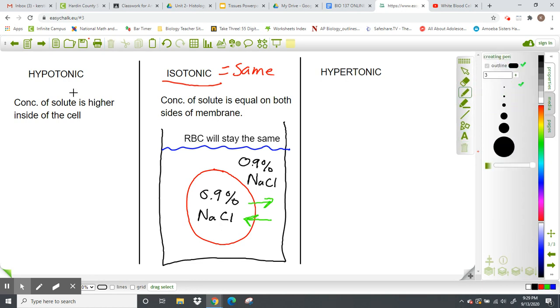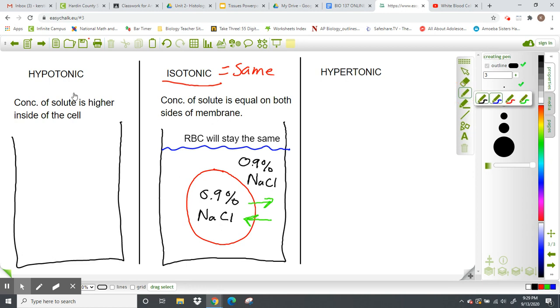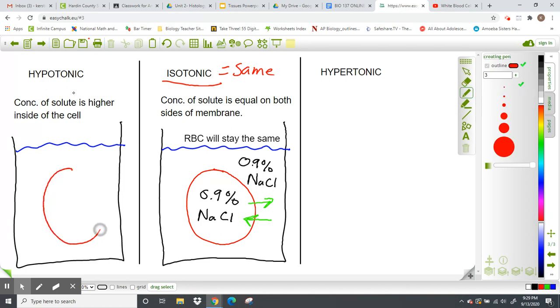So again, you've got your same beaker with the water, with your red blood cell inside. Okay?